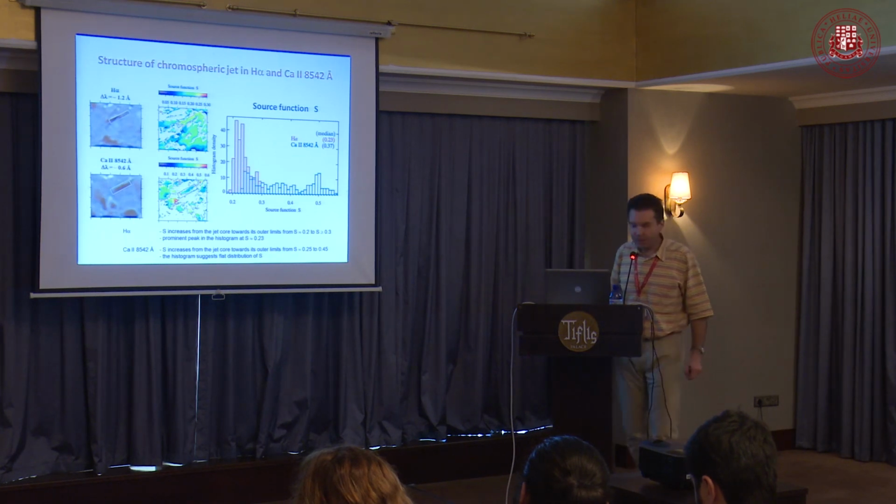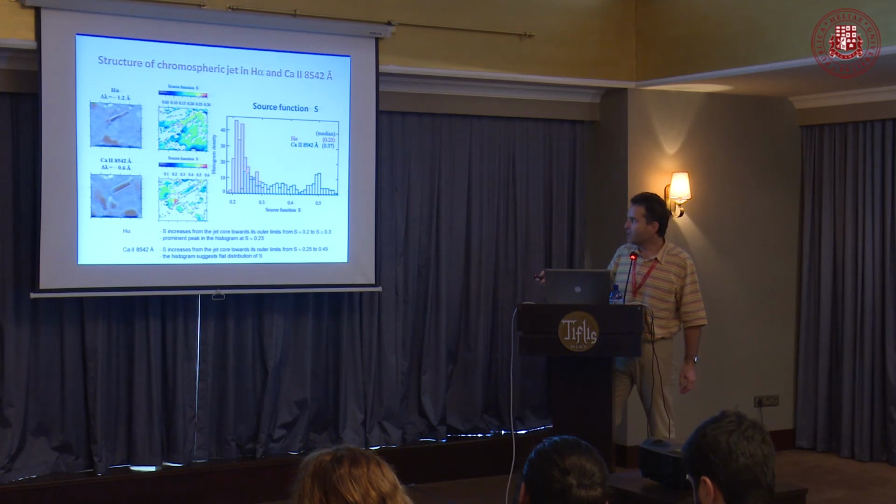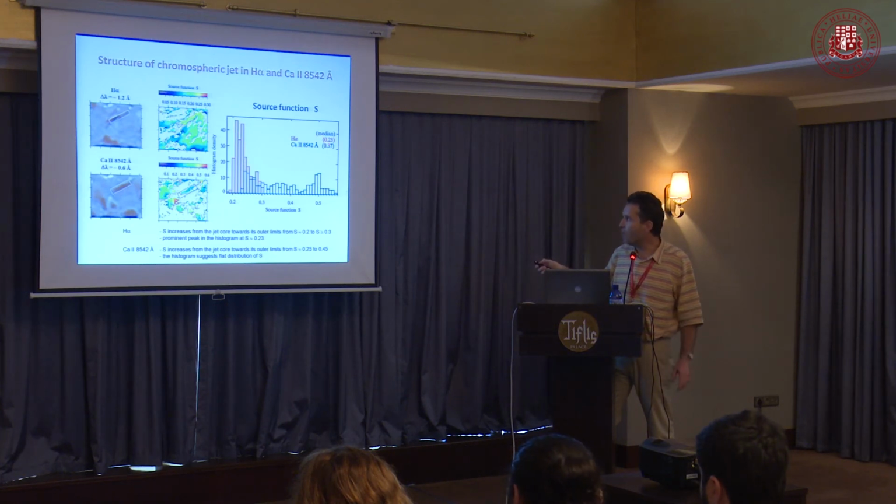Now, a very quick statistical overview of all these results. In the case of the source function, we see a clearly peaking distribution at about 0.23, but the source function of the calcium line shows a more or less flat distribution.